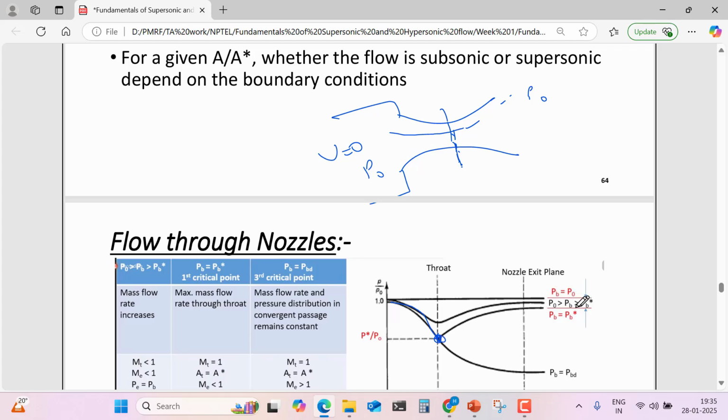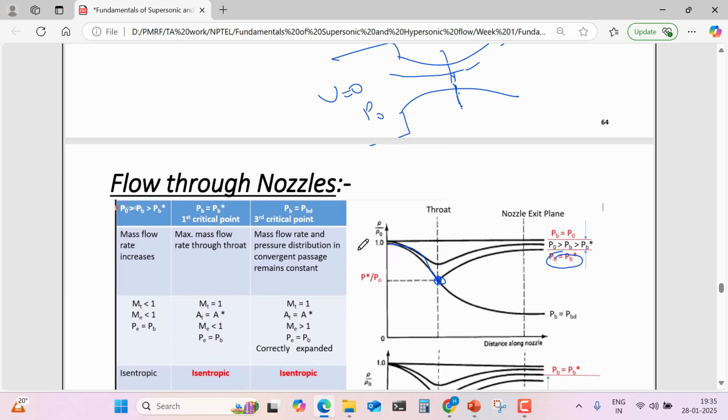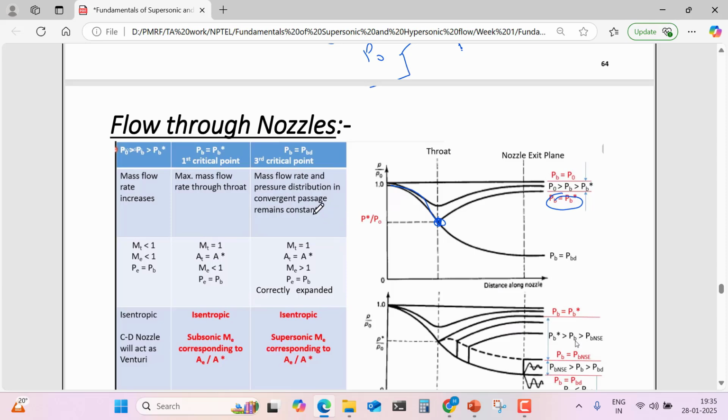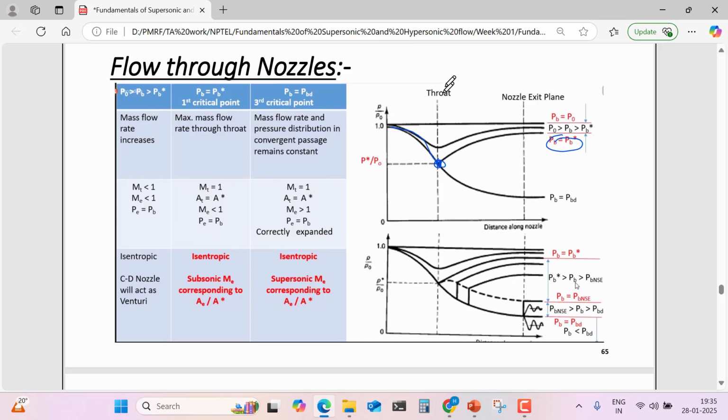That pressure at which the flow becomes choked first is called the first critical point, and this is the maximum mass flow rate through the throat. At that condition, the Mach number at the throat will become 1 and the area of the throat will be equal to A star. And the exit Mach number is still less than 1 because it is subsonic.